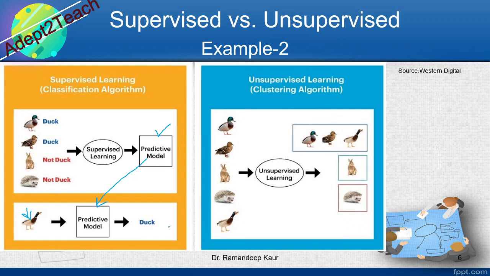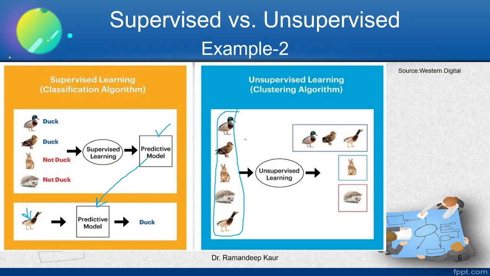In unsupervised learning, there is no predictive model. We give the input data, whatever different organisms we have at hand, all in one go. Now the system will start to have a similarity index. It will try to identify whatever features are similar and make one cluster.